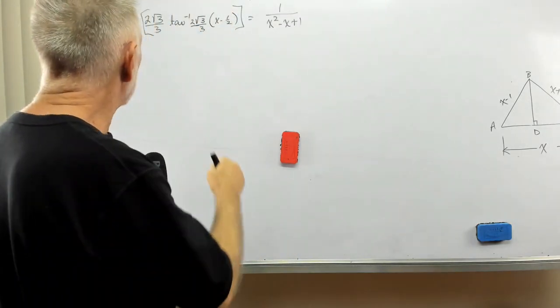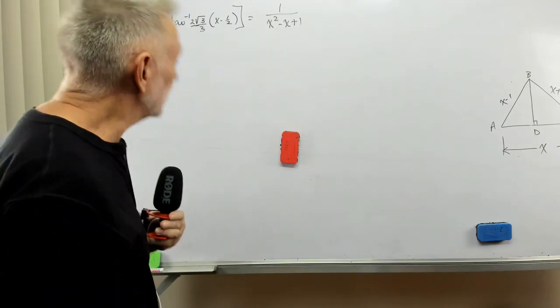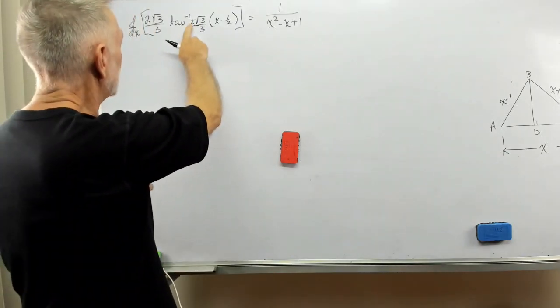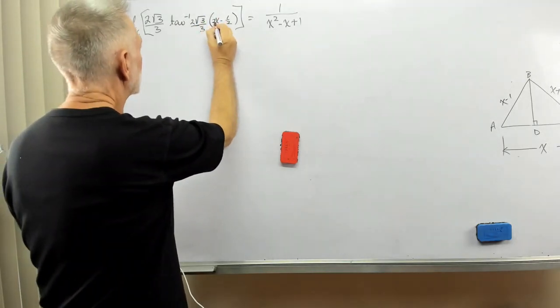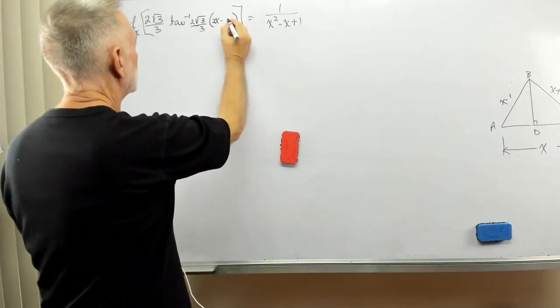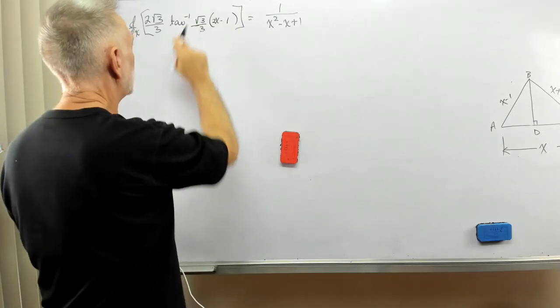To start with, I think I'm going to get rid of the fractions. I'm going to take this 2 and multiply it to the inside, so that would give me 2x, and 2 times 1 half would be 1.